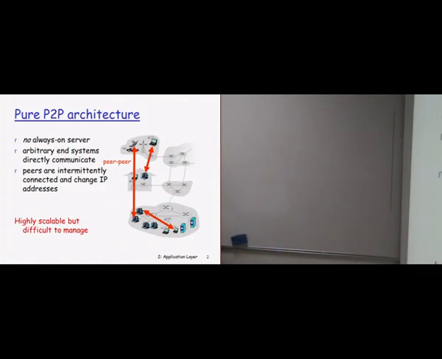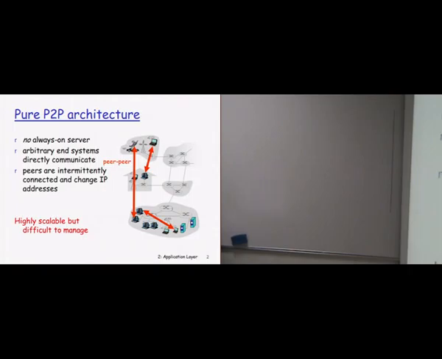These are intermittently connected and change IP addresses, because irregularly, we don't know at what time which peer will be connected to the internet and want to have a connection with another peer. If it is getting internet service from its service provider, definitely it will be assigned an IP address by its service provider, and that IP address might not be a static IP address.